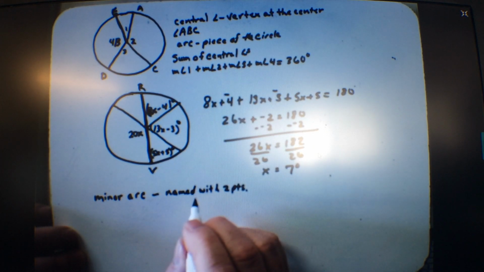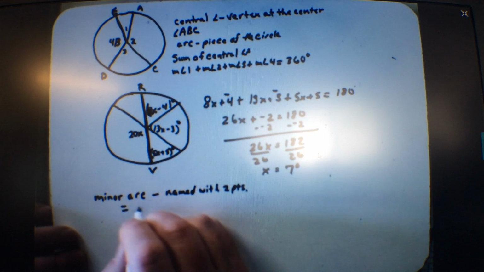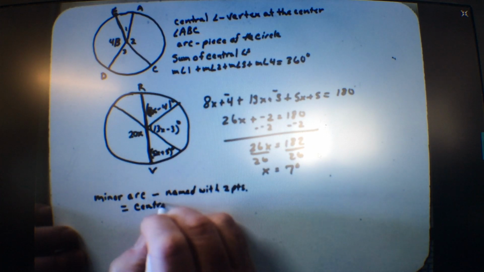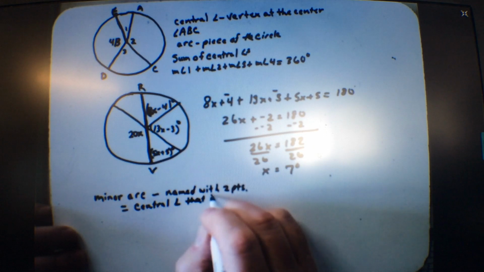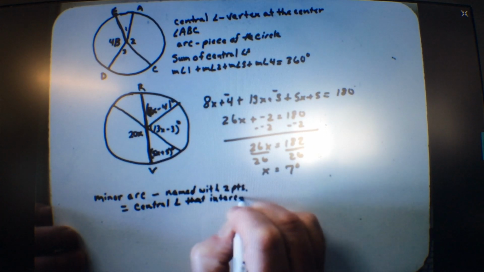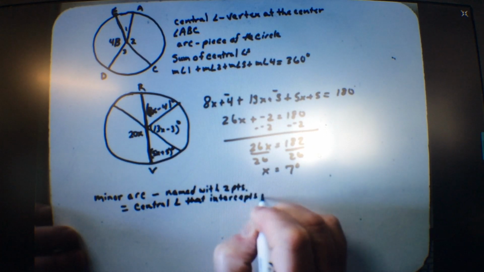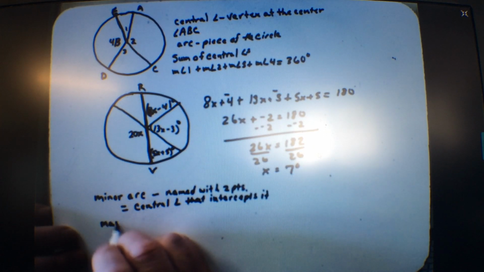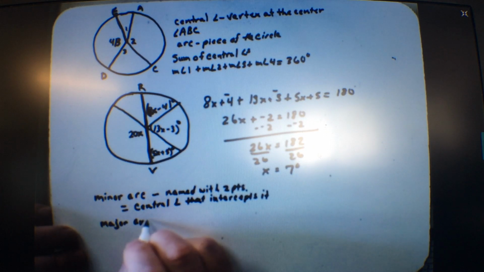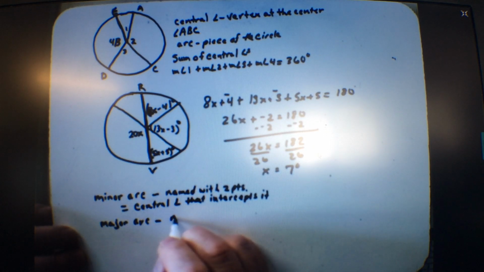It is equal to the central angle that intercepts it. We have a major arc, named with 3 points.